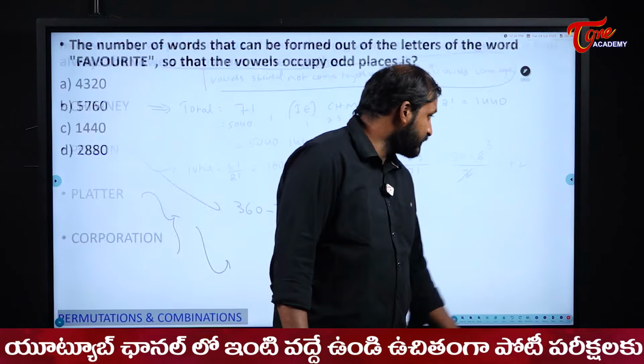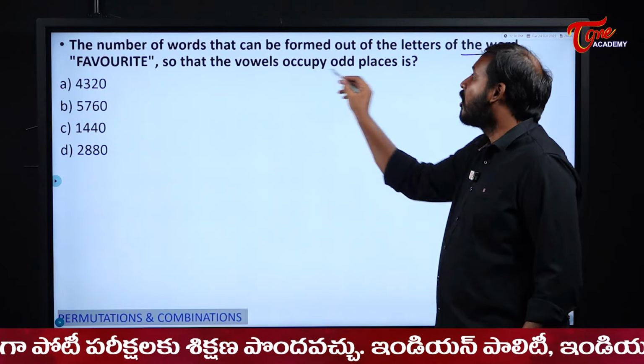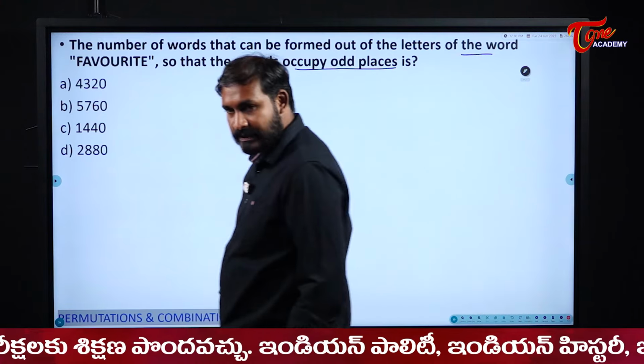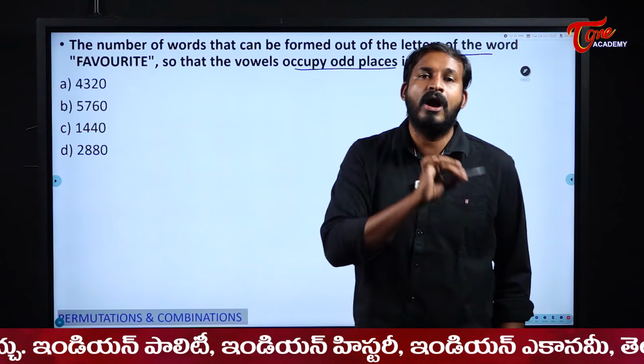Okay. Now, next one. See here, students. The number of words that can be formed out of the letters of the word favorite so that the vowels occupy the odd places. This one is a little bit different. My vowels should occupy only the odd positions.